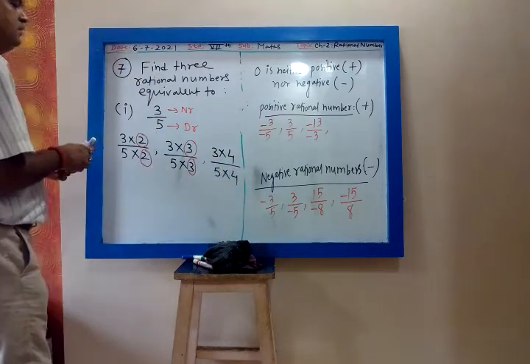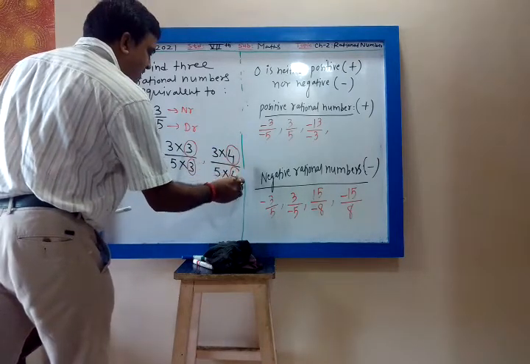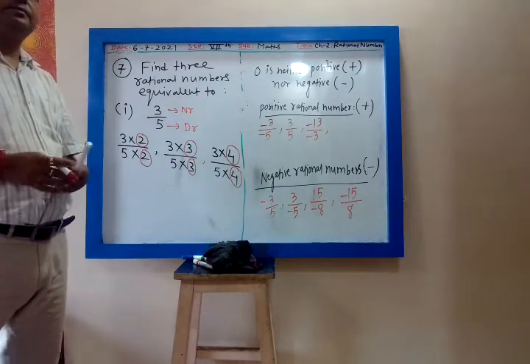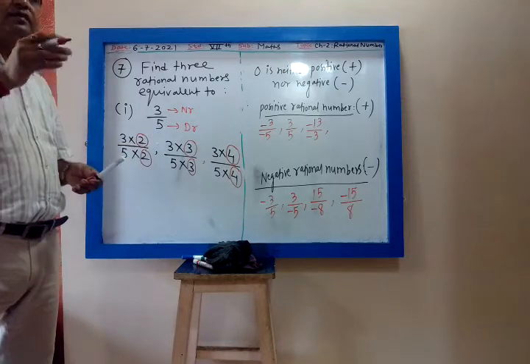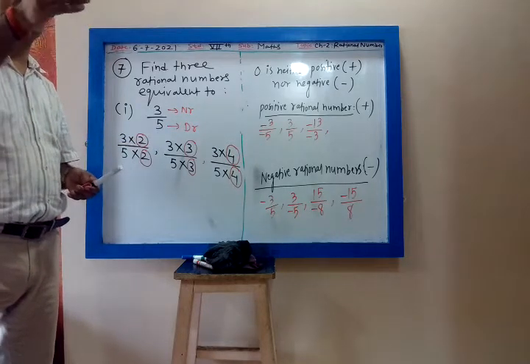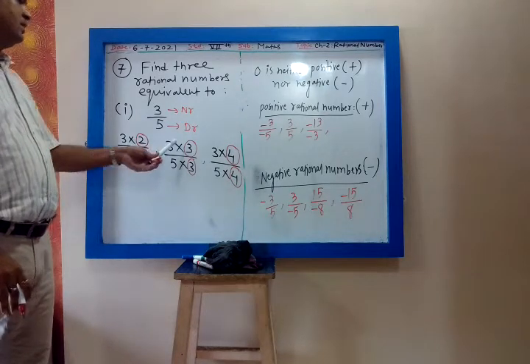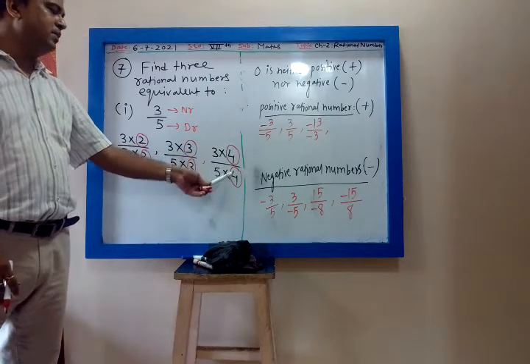To get three equivalent rational numbers, we multiply the numerator and denominator by three different numbers: 2, then 3, then 4.